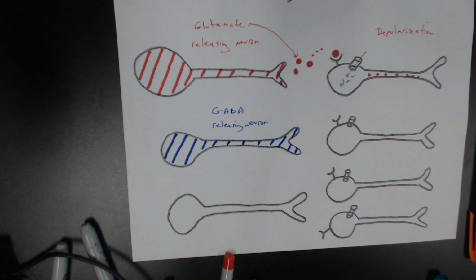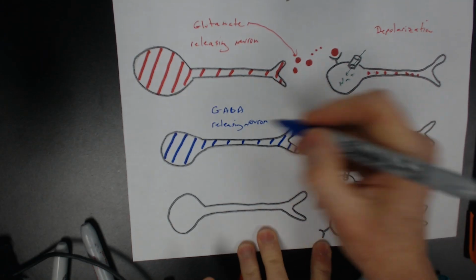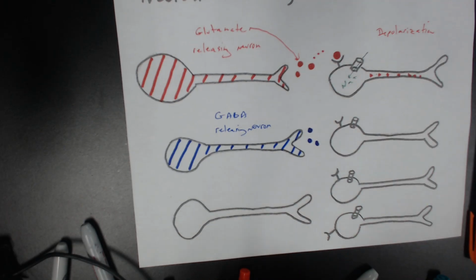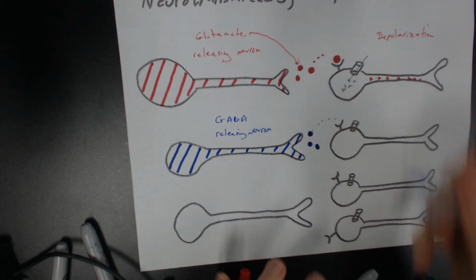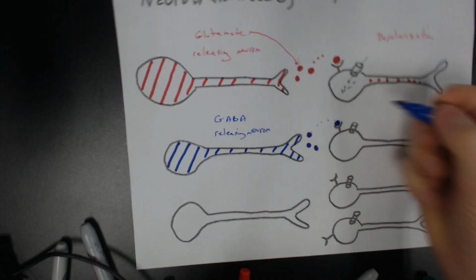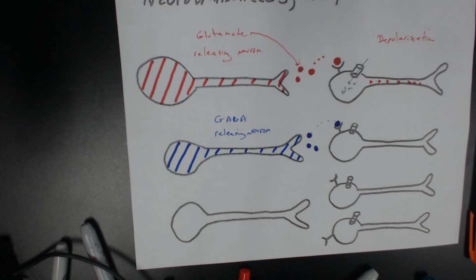Was GABA excitatory or inhibitory? Inhibitory. Perfect. So as that GABA releasing neuron releases GABA, that GABA is going to bind to the postsynaptic neuronal receptor. Does that cause depolarization or hyperpolarization? Hyperpolarization, right?